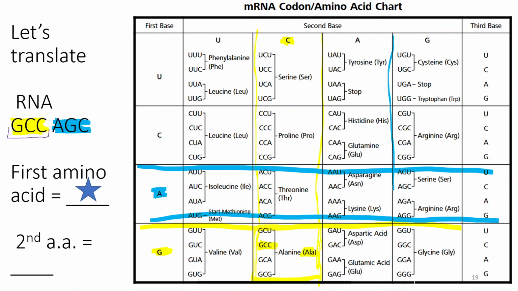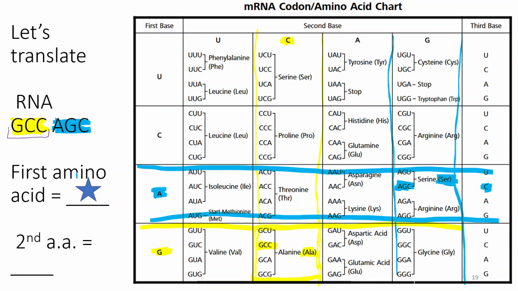We're going to be in this column. So we know we're in this square right here. Then we have C as our third nucleotide, and that's our second row. So that gives us AGC, our codon, and this amino acid, serine.